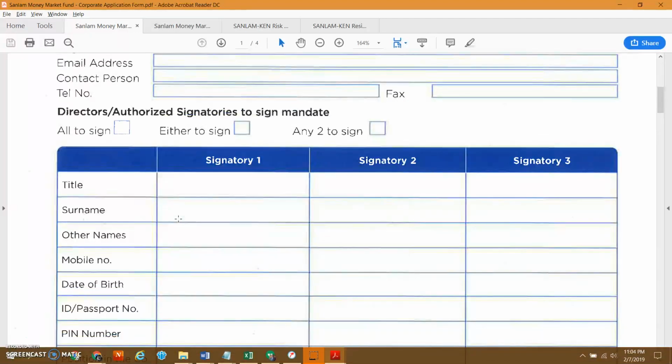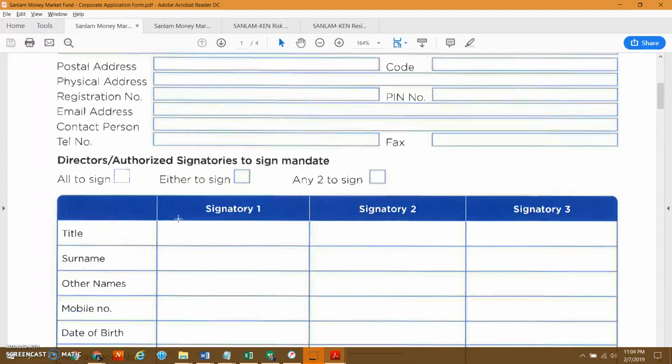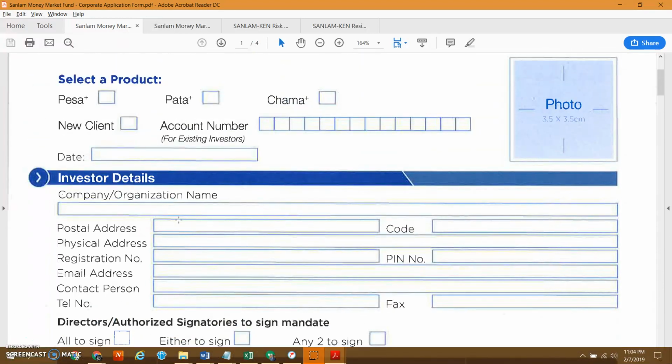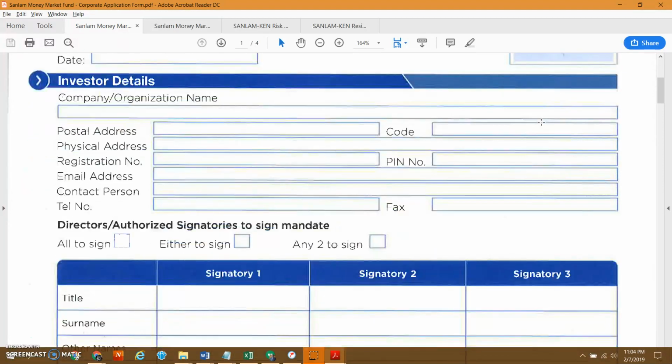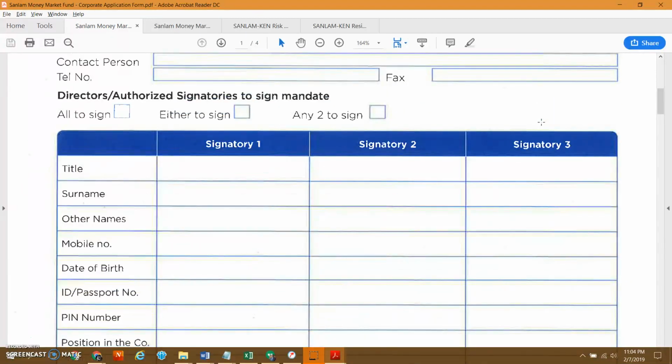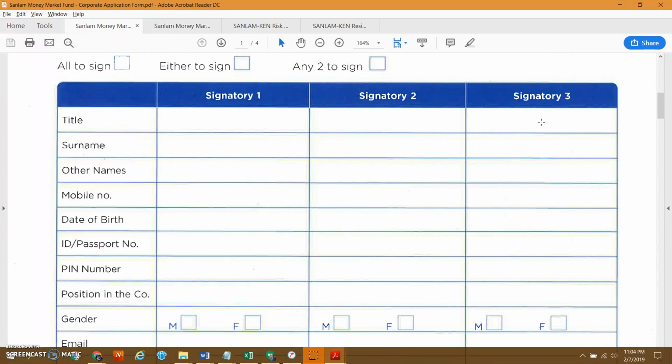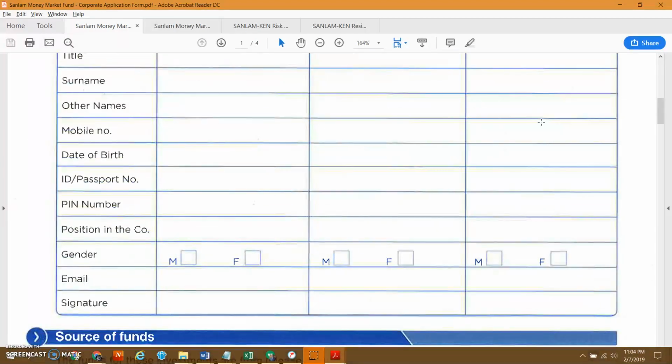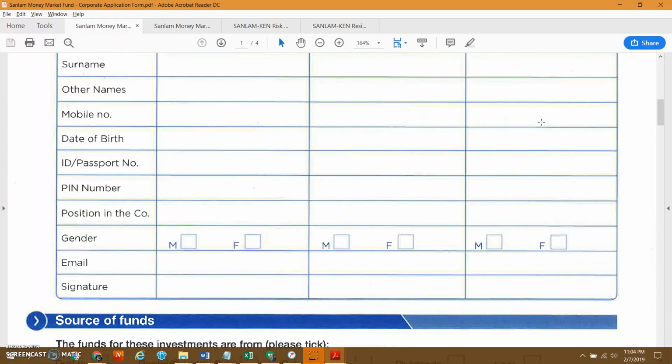Then you'd have the details of the signatories, and it is important to know that even the photo would be included for all the signatories. So all these details per signatory, and attach the documents themselves, and these documents need to be certified either by someone in Sanlam or a financial advisor who they have performed background checks on and allowed to certify documents, such as in my case.